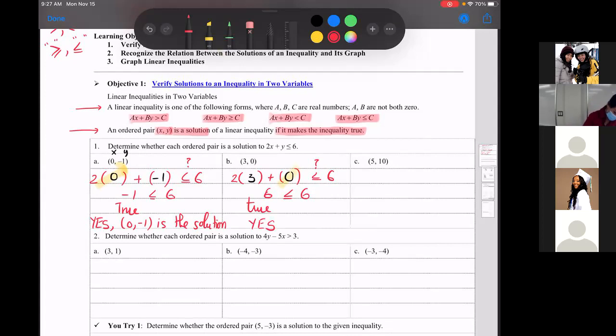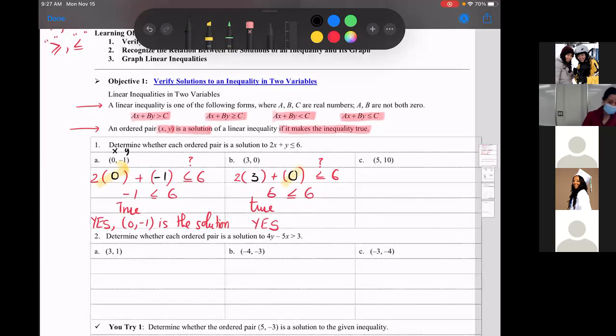And then the last point, (5, 10). And again, I suggest you label your points. I know you can eyeball it, but sometimes on the exam you panic and you eyeball the wrong one. So 2 times parenthesis plus parenthesis less than or equal to 6, question mark. x is 5 and y is 10. 2 times 5 is 10, plus 10, that's 20.